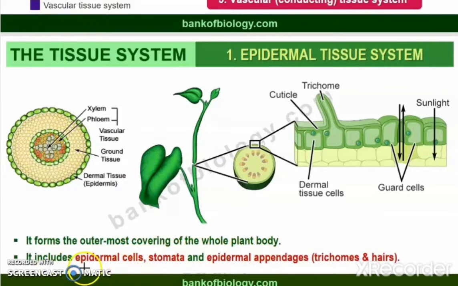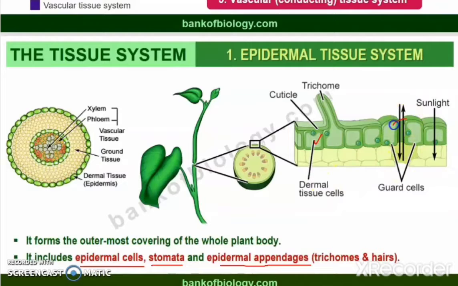It includes epidermal cells. What will it have? Epidermal cells will be there, stomata will be there, and epidermal appendages will be there. Okay, so they will have epidermis, a layer. So this epidermal tissue system will have the epidermal cells. Okay, they will have epidermal cells and they will have stomata in between.